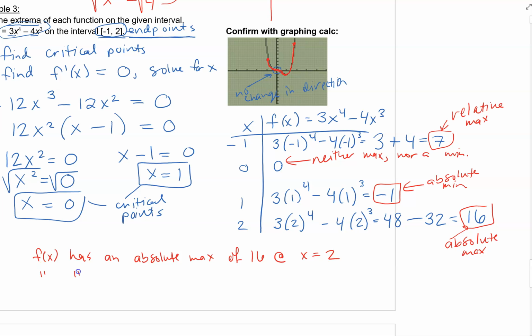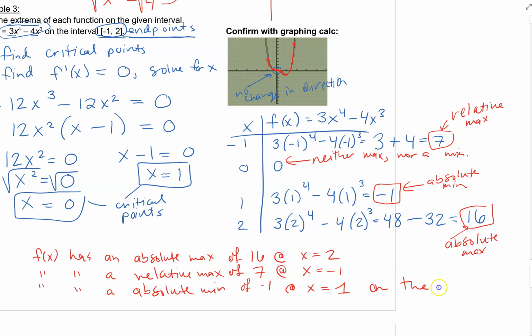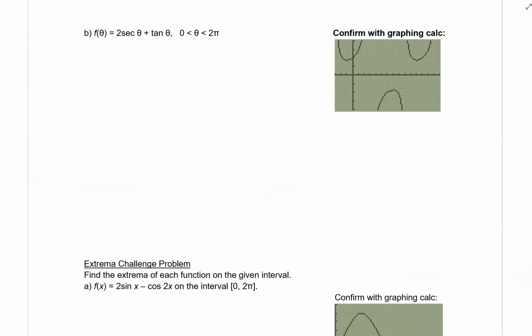It has a relative max of 7 at x equals -1, and an absolute min of -1 at x equals 1. And this is on the interval, right? Because if you cut off the graph, it's on the interval from -1 to 2.